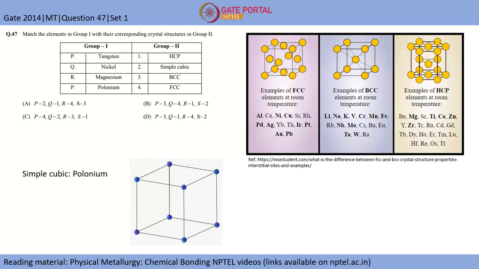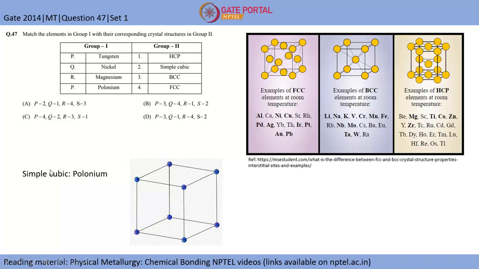If you know the periodic table, then it may give you a hint about what type of crystal structure it may form. In HCP, magnesium will be most common, titanium most common, zinc most common, zirconium most common. So you need to learn these common elements and the crystal structure of those elements.